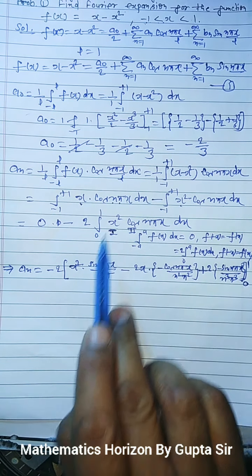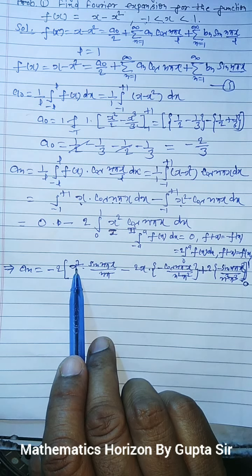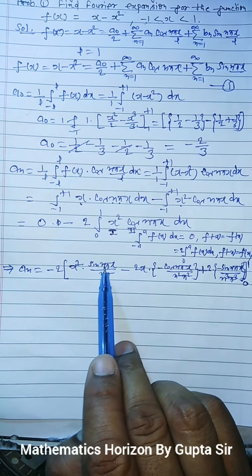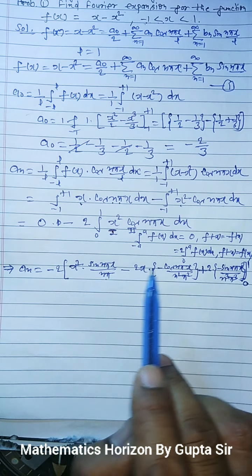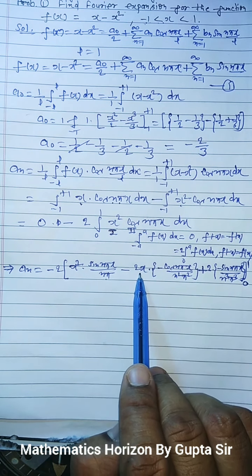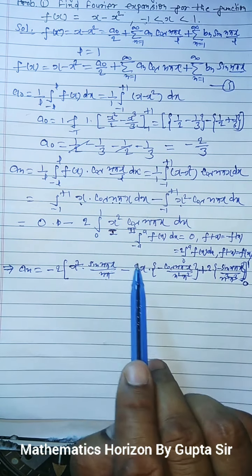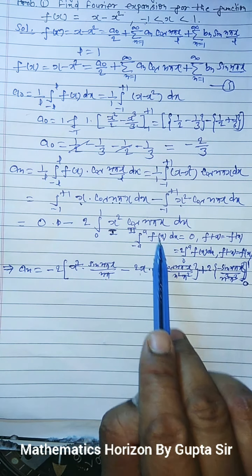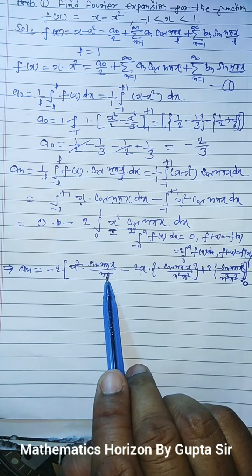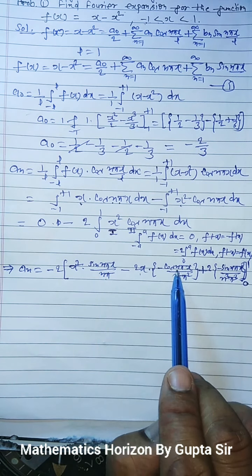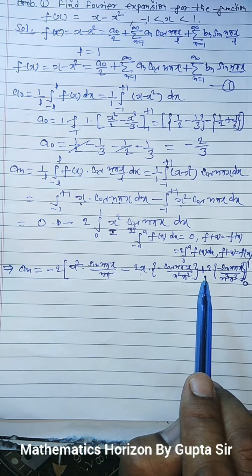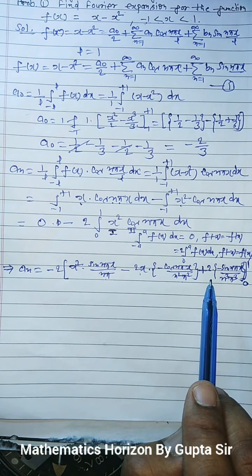I repeat it. First function means x square, minus 2 is the common term, integration of cos n pi x is sin n pi x upon n pi, minus differentiation of first, minus alternate plus minus means minus 2x, integration of second, integration of sin is minus cos, that is minus cos n pi x upon n square pi square, plus differentiation of first.